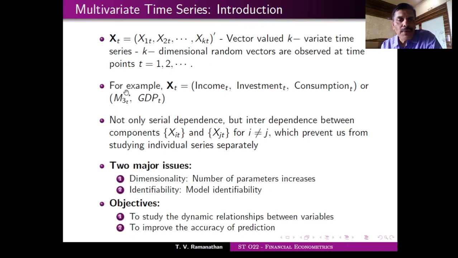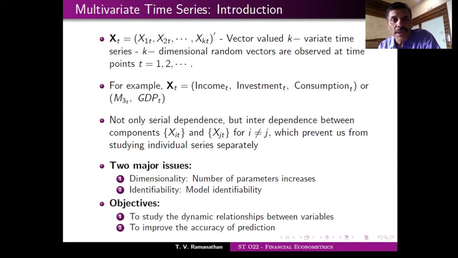Similarly, I may want to talk about M3 and GDP. M3 is the broad money, which includes cash in hand and time deposits, etc., including fixed deposits. They may be correlated, so that's why we are considering them together. Now, one of the important things that you see is that there is a serial dependence between components X_it, X_it1, X_it2.